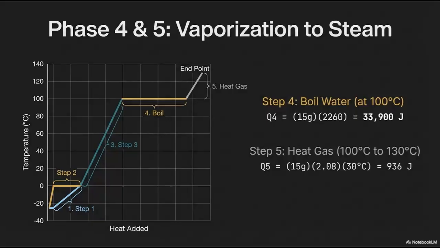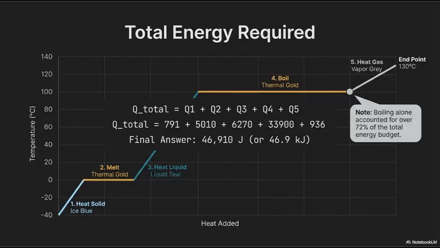In that case it is MC of the gas times delta T. Once I calculate all the heat for all the steps, the last thing we have to do is add all those values together. And the final answer is going to end up around 46.9 kilojoules.